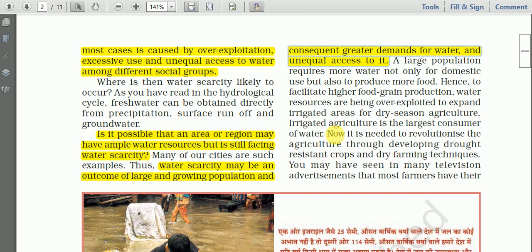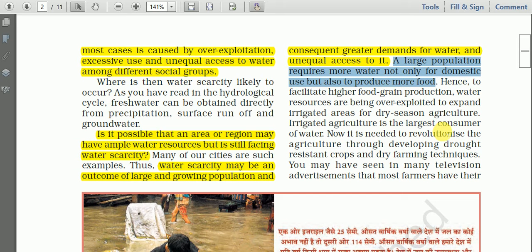It is also mentioned here, a large population requires more water, not only for domestic use but also to produce food, not only for washing clothes and utensils, for drinking and bathing.